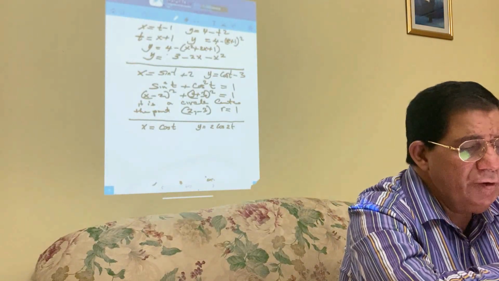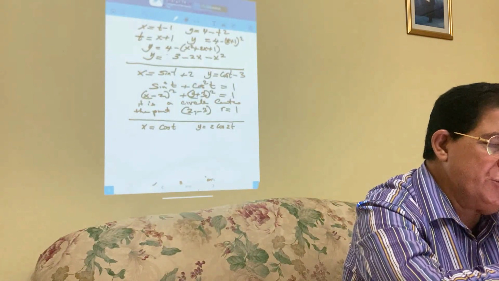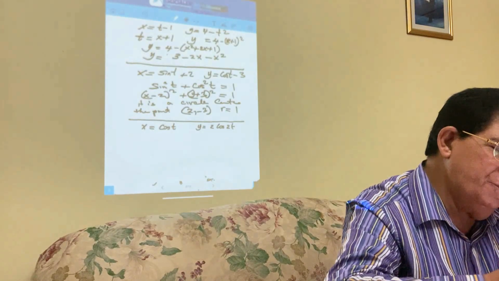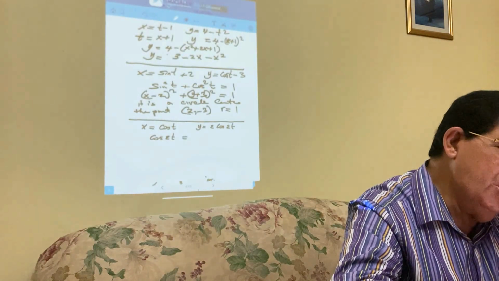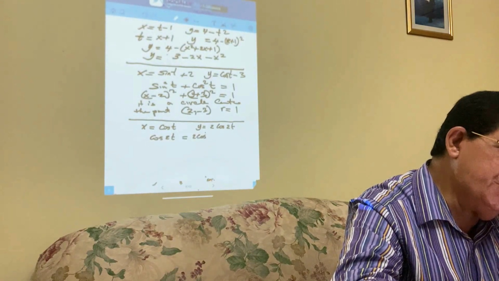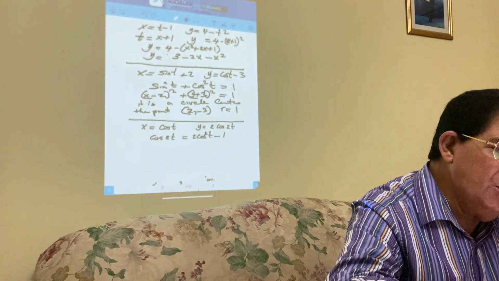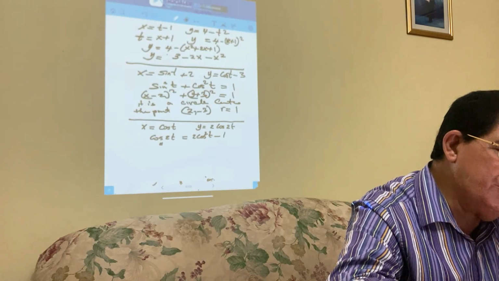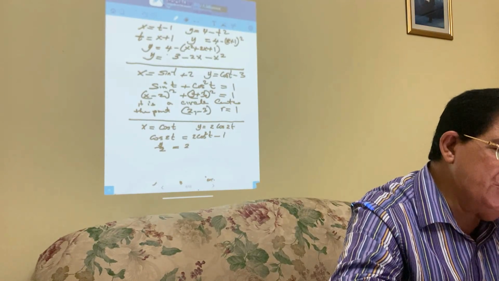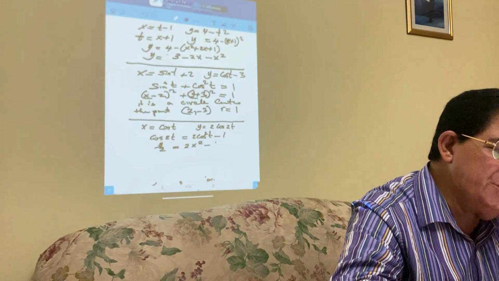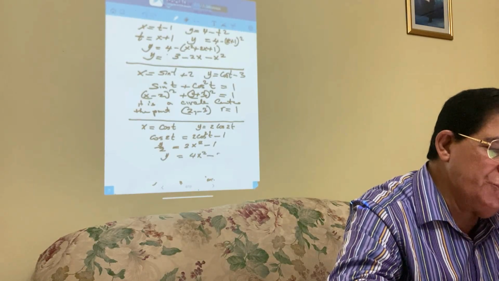You ask yourself, do you remember any identity containing the trigonometry in the question? Yes. I know that cosine 2t equal 2 cosine square t minus 1. Then we substitute. Cosine 2t is y over 2 equal 2 cosine square t, which means x squared, minus 1. This means y equal 4x squared minus 2.